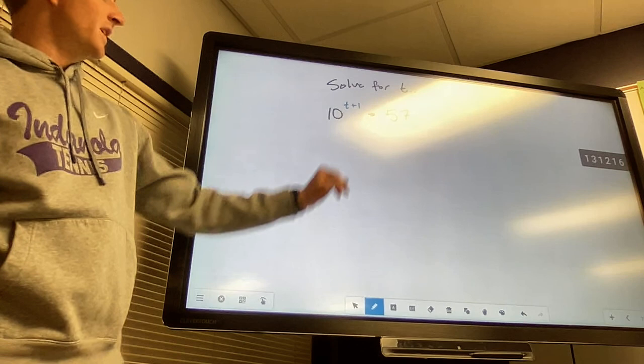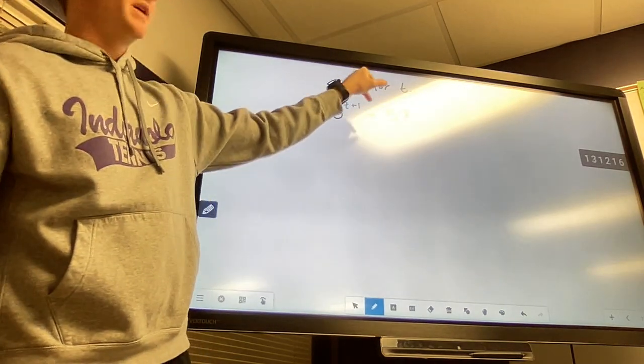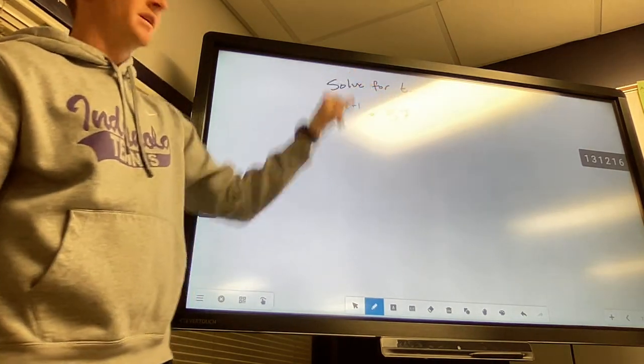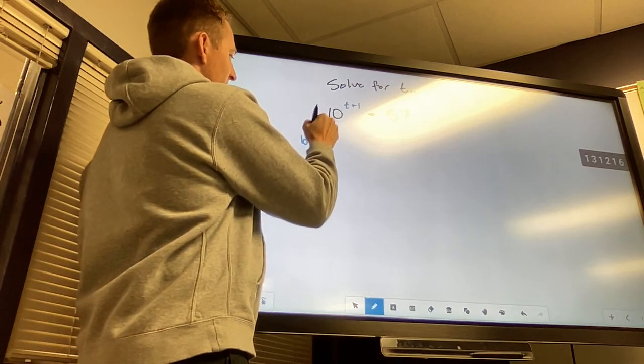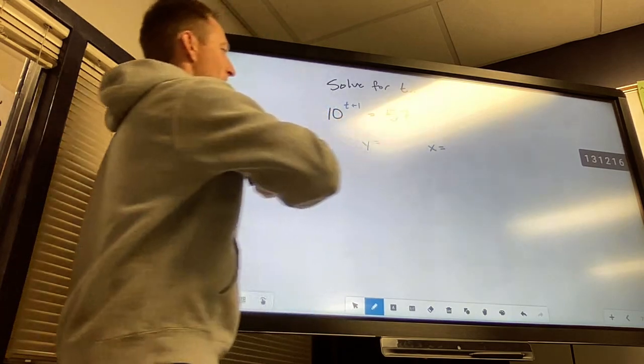Now this equation right here is y equals b to the power of x. The y is just on the opposite side. It's just y equals b to the power of x. So let's figure out what our b, what our y, and what our x are.